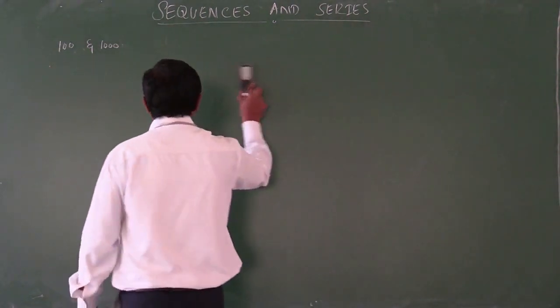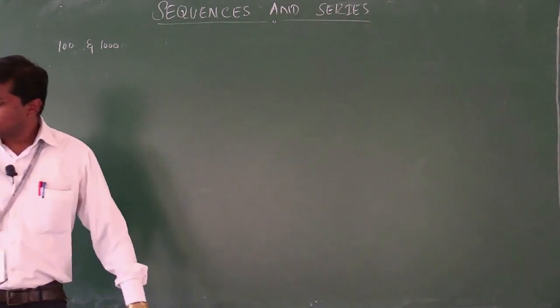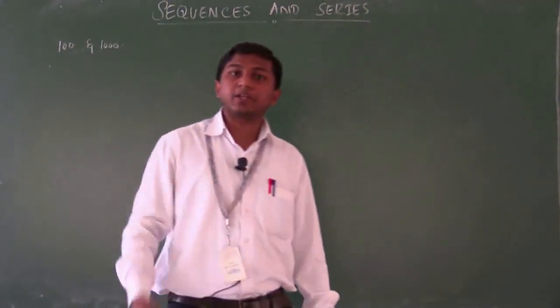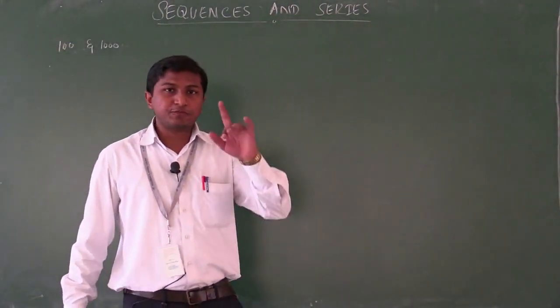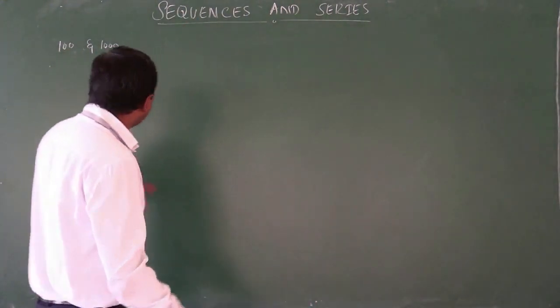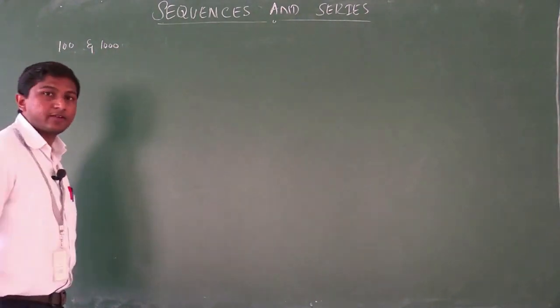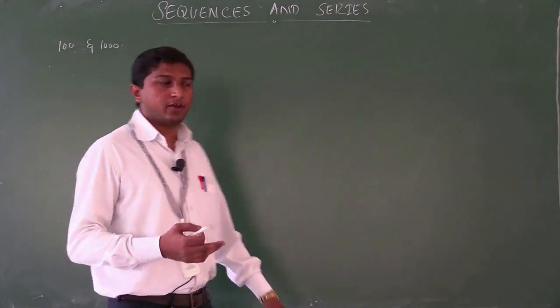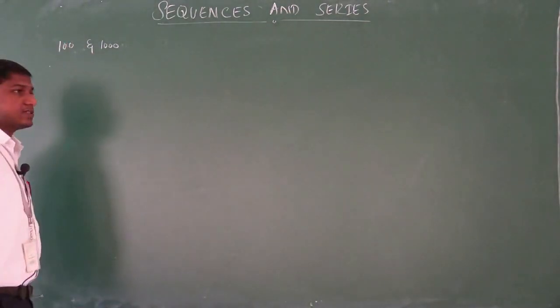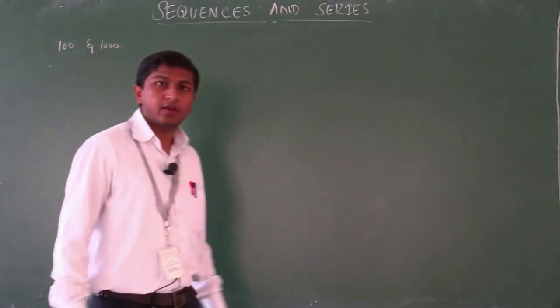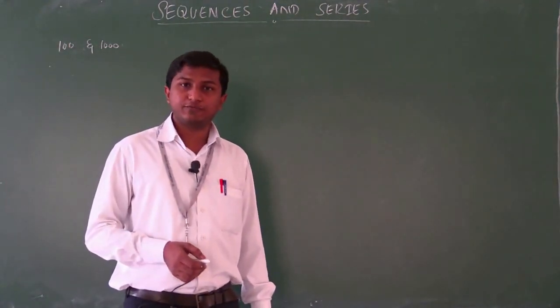Now, which is the first natural number which is a multiple of 5 and which is lying between 100 and 1000? Correct. It is 105, right? 105 is the first natural number lying between 100 and 1000, and it is also a multiple of 5.